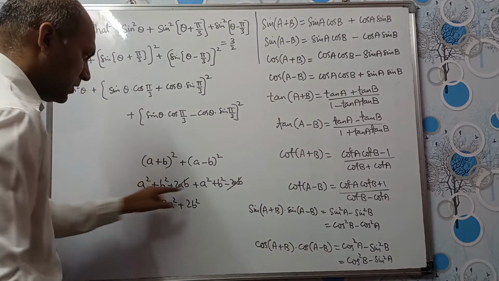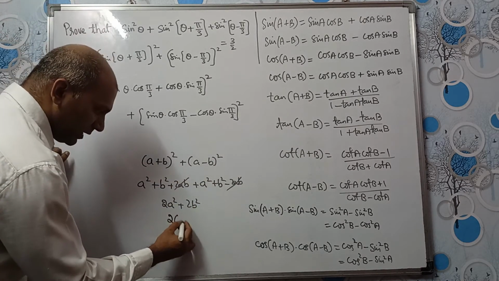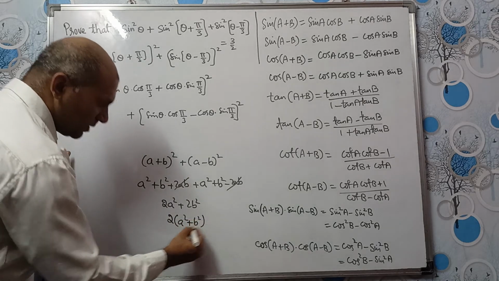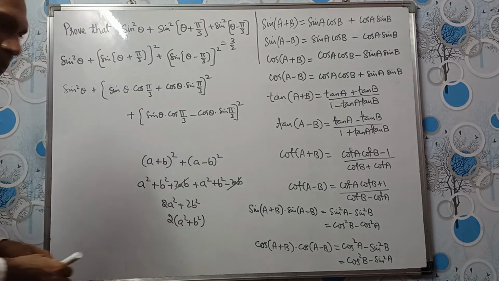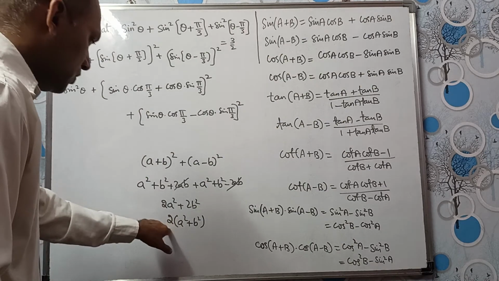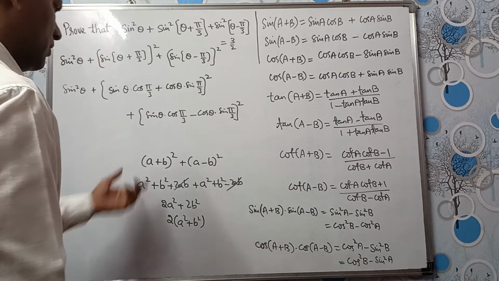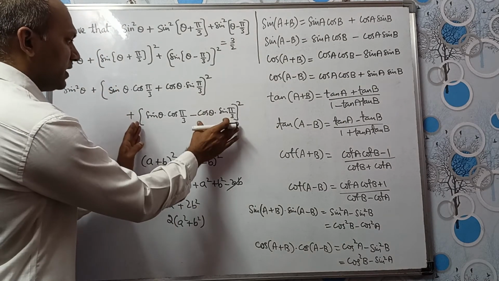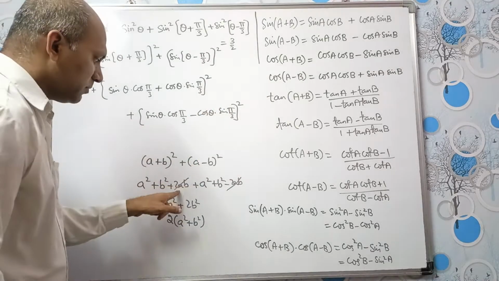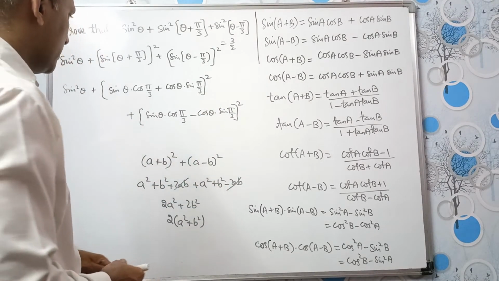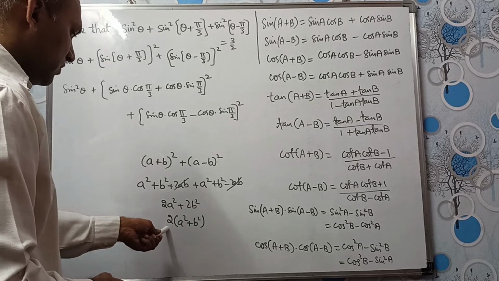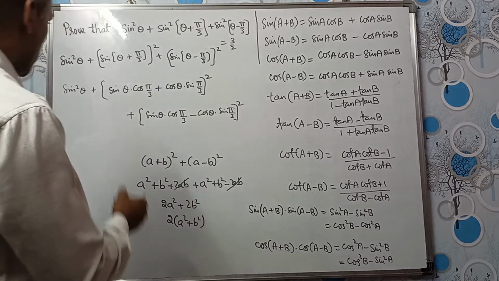Can we take 2 common and write it as a square plus b square? Yes. Or you can expand this and expand this, so the middle terms 2ab and 2ab will get cancelled, right? So it will be 2 into a square plus b square.